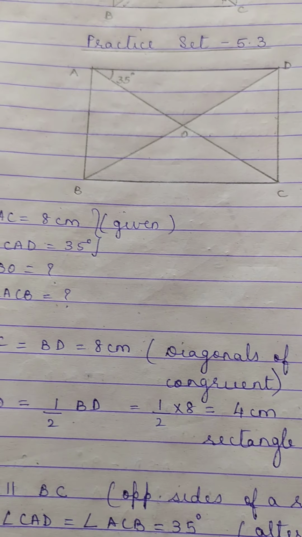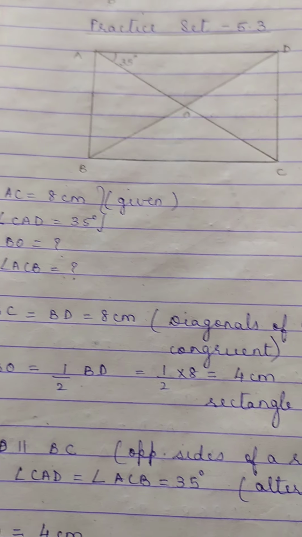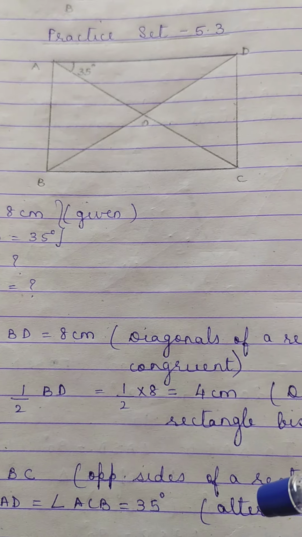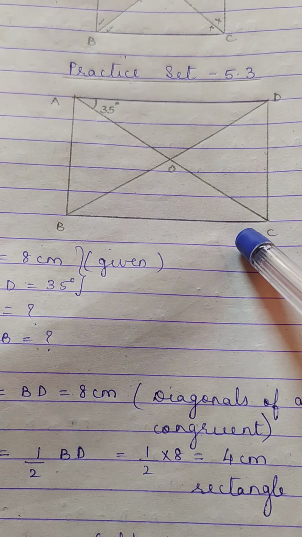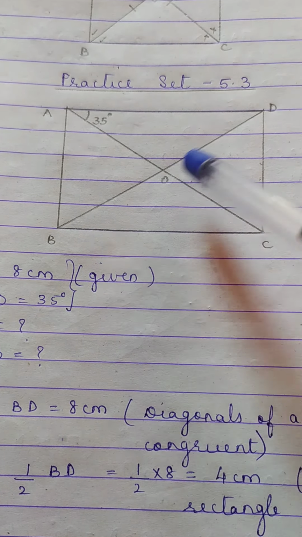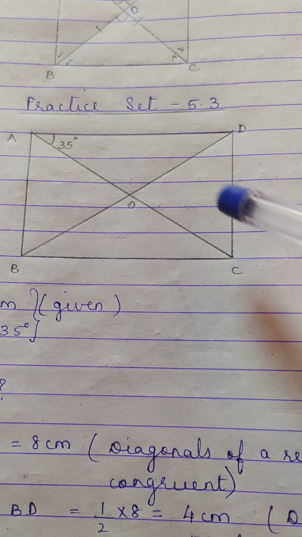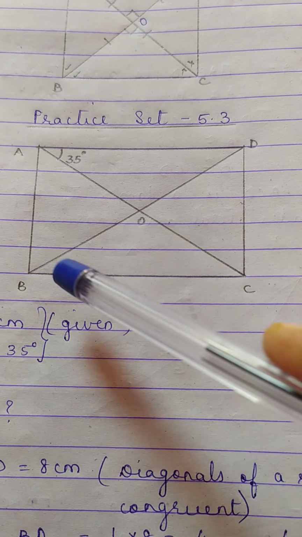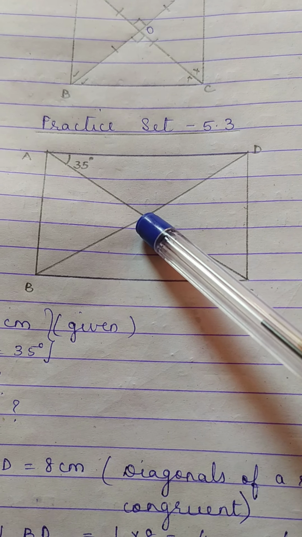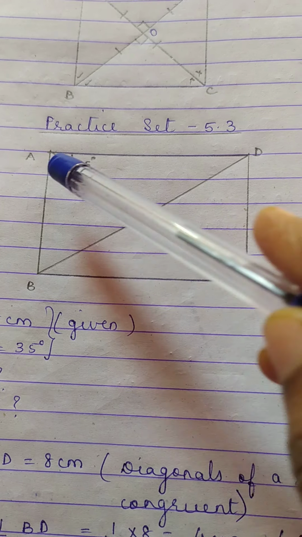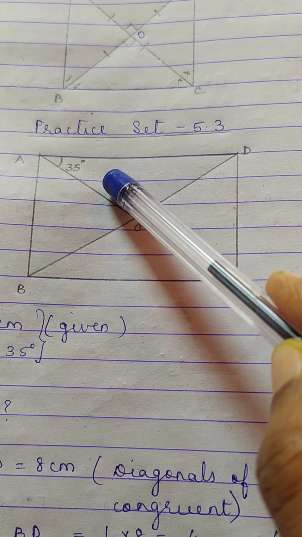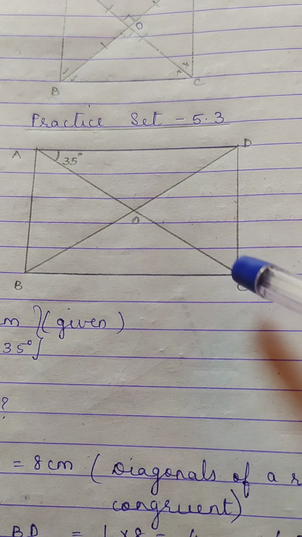Exercise 5.3, question number 1. Now the first question says the diagonals of a rectangle ABCD. This is your rectangle ABCD and the diagonals intersect at the point O. If AC is equal to 8 centimeter, find BO, and if angle CAD equal to 35 degrees, find angle ACB.